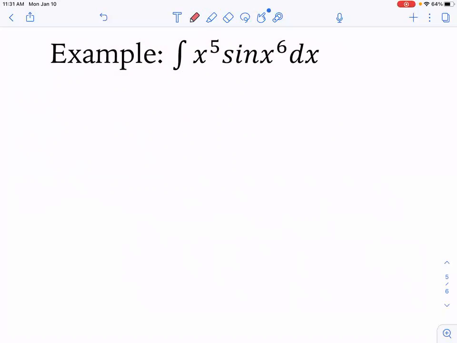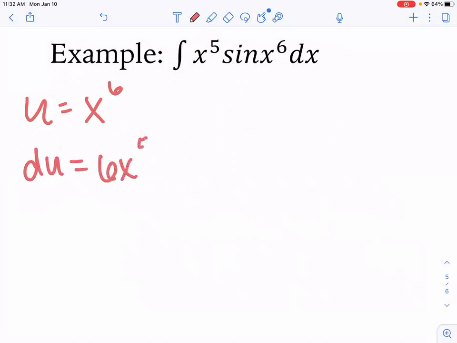Inside the composition is the function x to the 6th. So we're going to let u equal x to the 6th, which means du is 6x to the 5th dx. What I notice, however, is that I have x to the 5th dx.